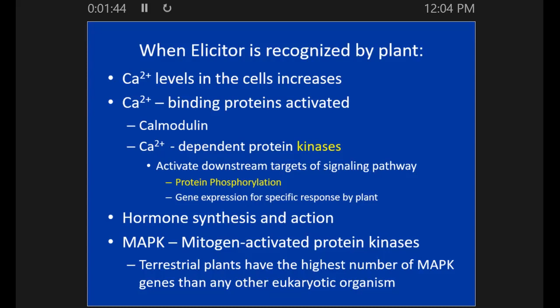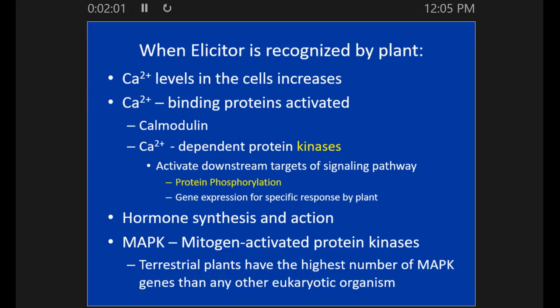And that's more energy efficient on the plant's part if they can be very specific in their response rather than just trying to get everything up and running to defend against everything. That would be way too costly in terms of energy and resources. So here we're looking at the idea of elicitors.